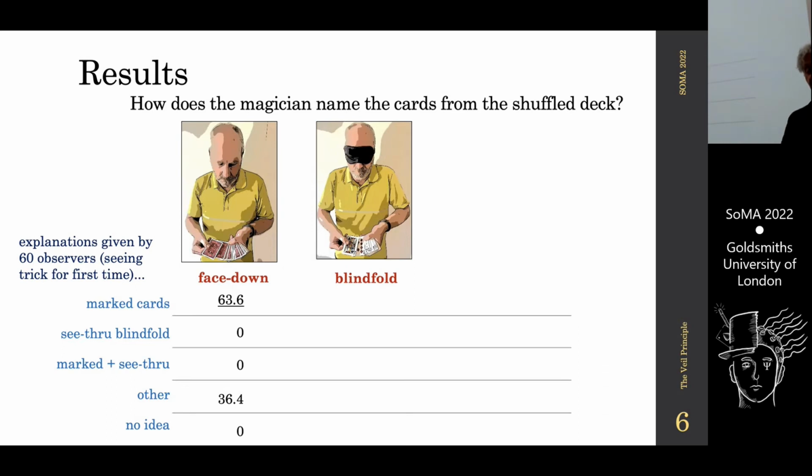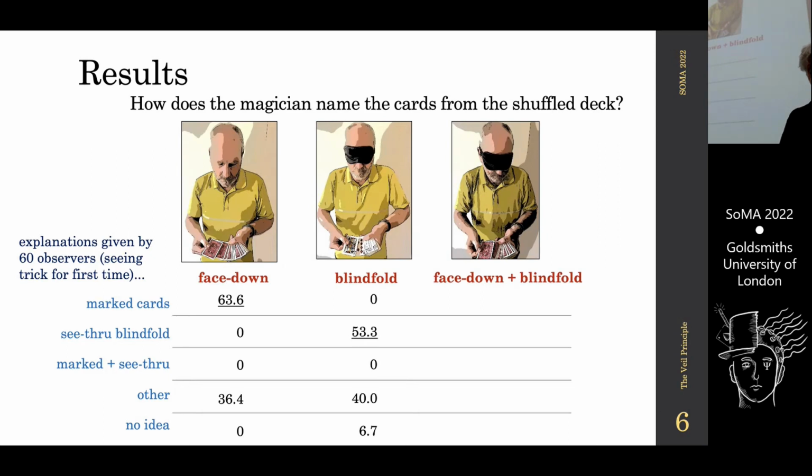When he was just wearing the blindfold, again, over 50% guessed that he can see through the blindfold. But when we put the two things together, only 4.5% guessed that both things applied.